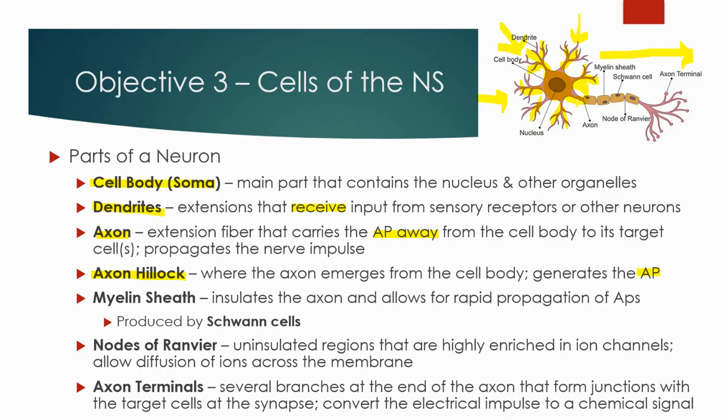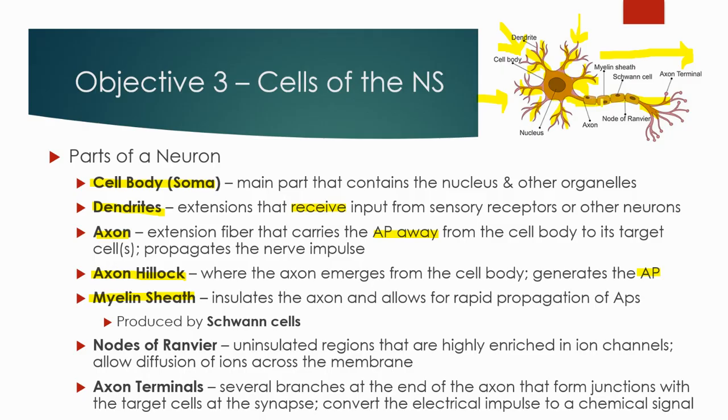On the axon, we have these little bundles of a fatty material that we call the myelin sheath, and that's an insulator. Think of it like the plastic that surrounds an electrical cord. When you have an extension cord, you don't touch the live wire because that could be very dangerous, so we wrap it with plastic, which serves as an insulator, and that's what the myelin sheath does for our axon.